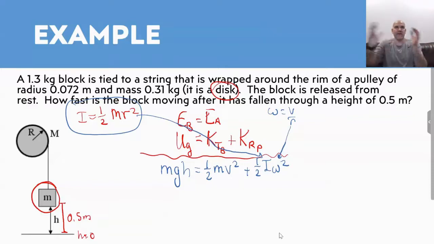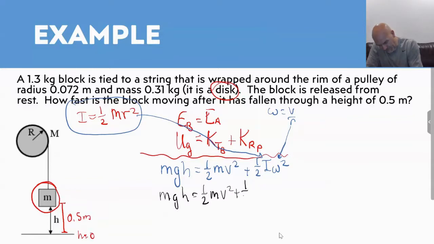So it looks like we got a lot of stuff. We got mixed, rotating, and linear, but watch what happens with our equation. So mgh is still here, I haven't touched that. 1/2 mv squared plus 1/2 my I, so I have 1/2 big M R squared, and then multiplied by v over R, and that's going to be squared.